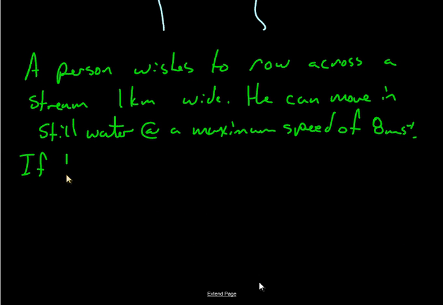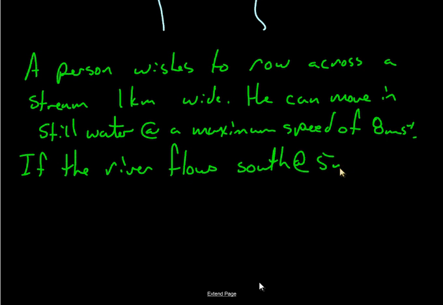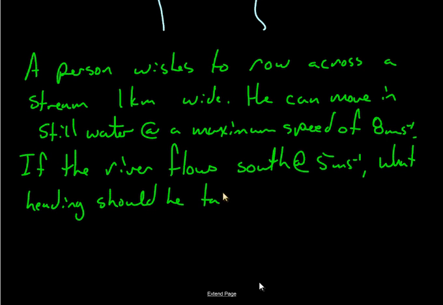If the river flows south at 5 meters per second, what heading should he take? And the heading is just what direction, right? What heading should he take? And how long will it take him to get across the stream?